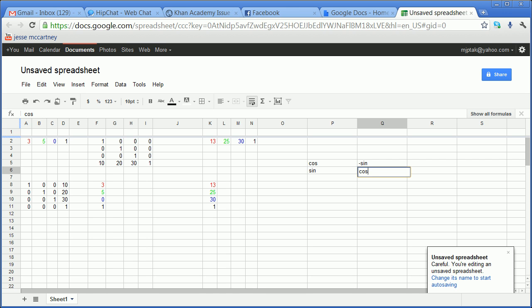This pattern here, cosine minus sine, sine cosine, is going to be used all the time, with one small caveat, with this negative sign flipping depending on whether or not you are doing the middle coordinate, that being the y.